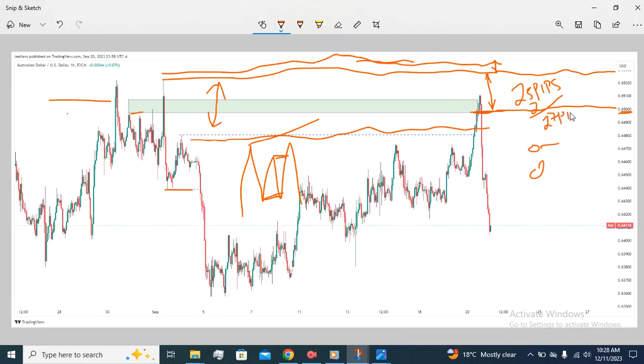So this is the number of pips that I'm willing to risk when this trade decides to go against my prediction. So how do I come up with the lot size that I use? Say in this trade I am willing to lose $10.